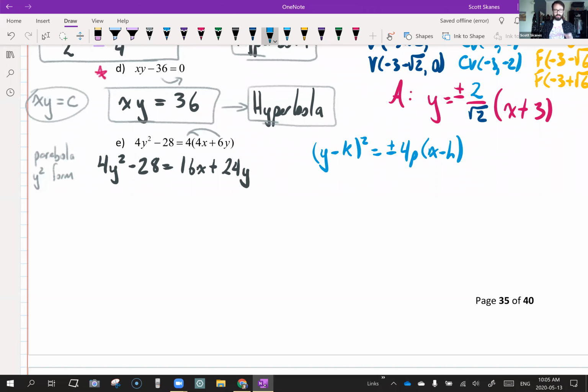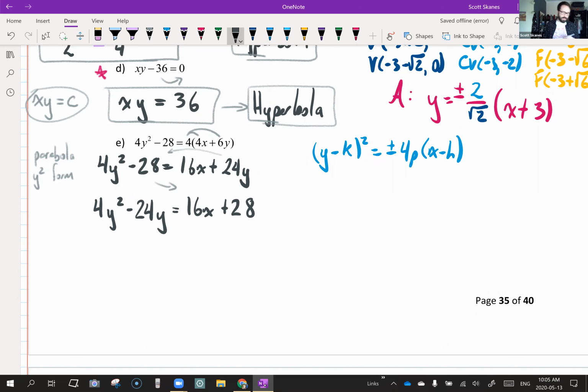So we need our y squared stuff on the left, and we need the rest on the right. Let's make sure that our y's are on the left, and our x stuff and constants are on the right, and see how this works out. So let's move the y's over, move the constants over the other way. 4y squared minus 24y equals 16x plus 28.